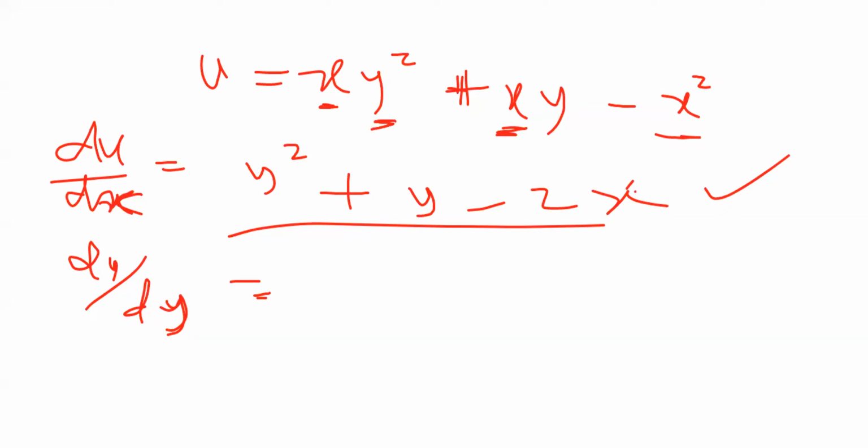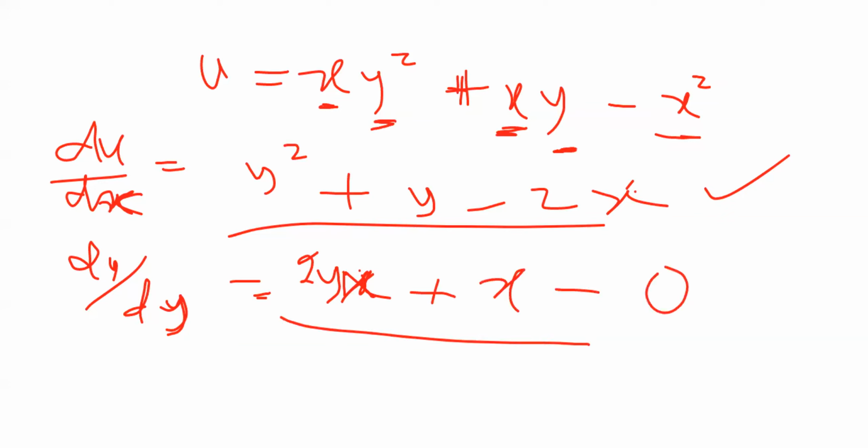So we're having 2y with x, because the constant will stay like that with it, plus by differentiating y, it will be 1 with the constant. And this one is 0 because it's a constant already. So the answer for this one is 2yx or 2xy plus x.